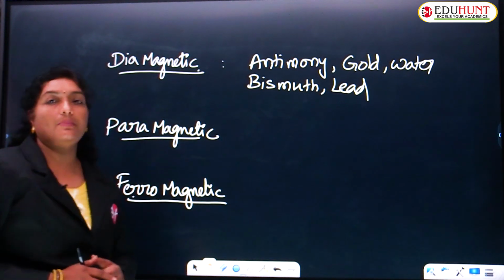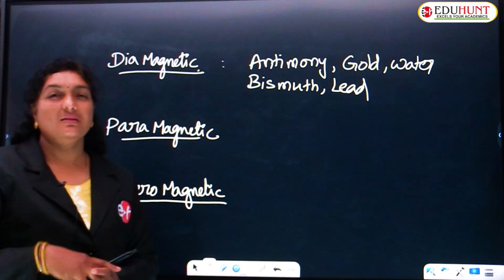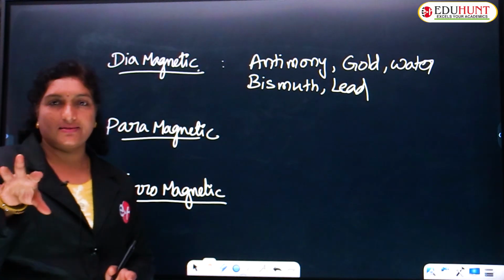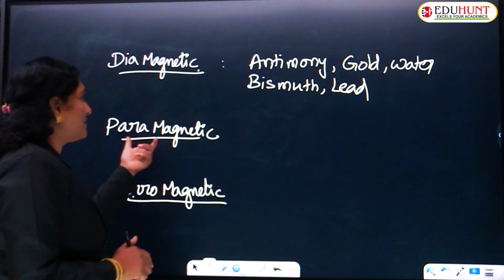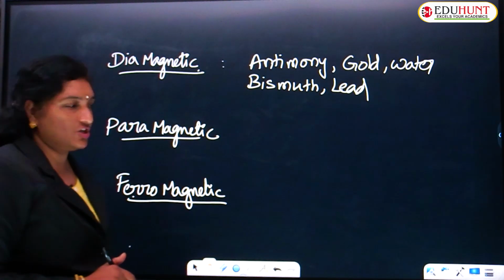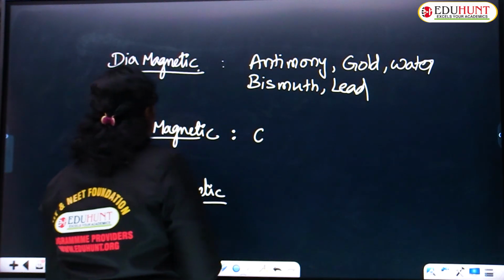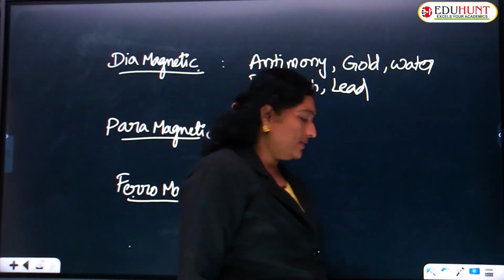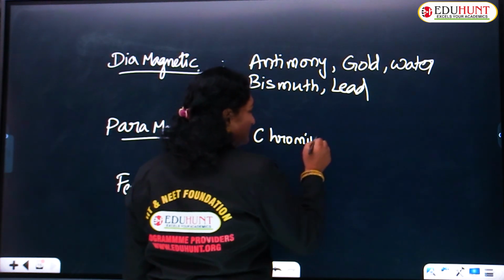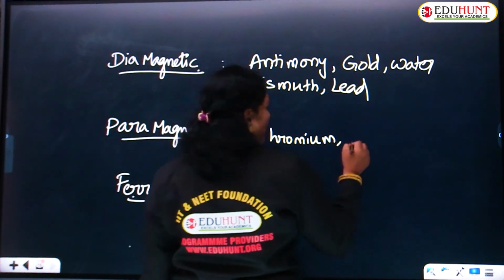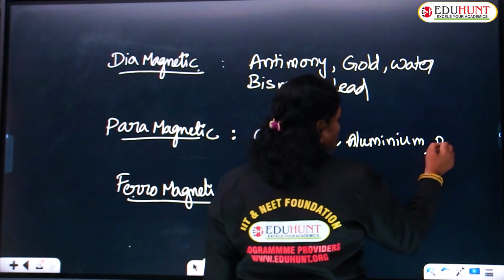The name itself indicates that paramagnetic substances means partially magnetic substances. They feebly get attracted. So attraction properties are there but very little. Para means partially attracting nature. A few examples for this are chromium, aluminium, platinum.